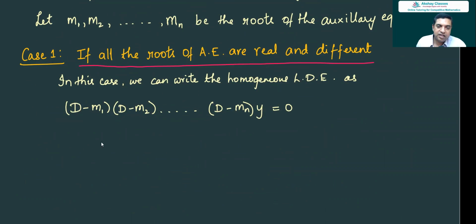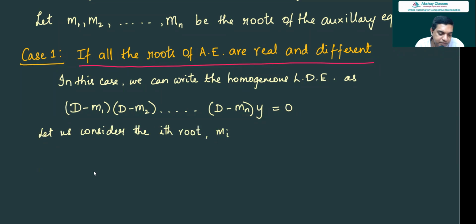So now let us take any one of them. Let us consider the ith root, mi. When y gets multiplied by any of these factors, it may give 0.